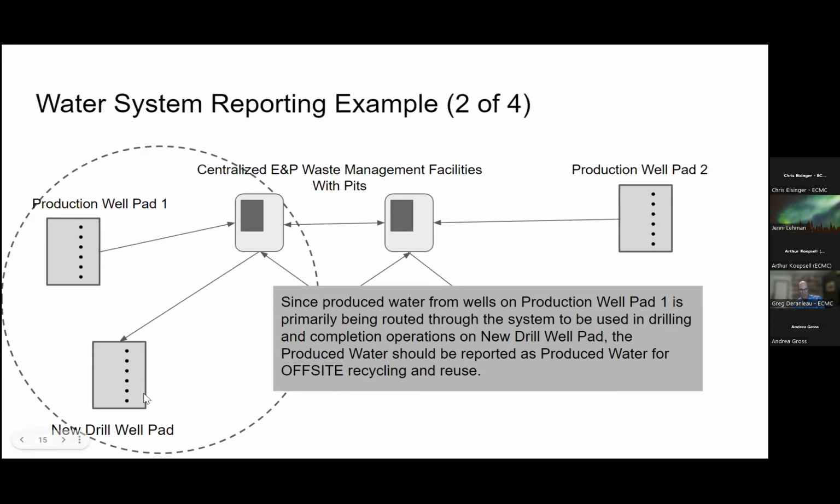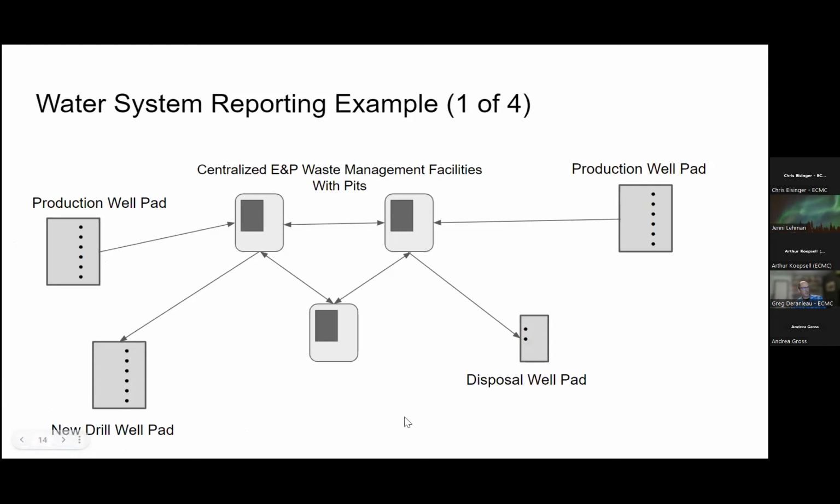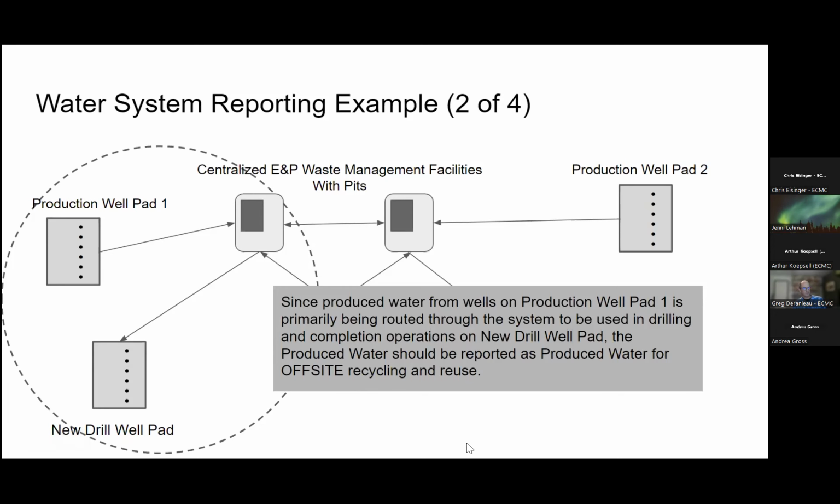If the new drill pad only used 100 barrels of water, we wouldn't expect to see all 600 of these showing as going to recycling just because it's geographically convenient. If 100 is going to the new drill and 100 is going to the disposal well pad, or 500 is going to the disposal well pad, then we would expect that to be reflected in what's reported from those production wells.